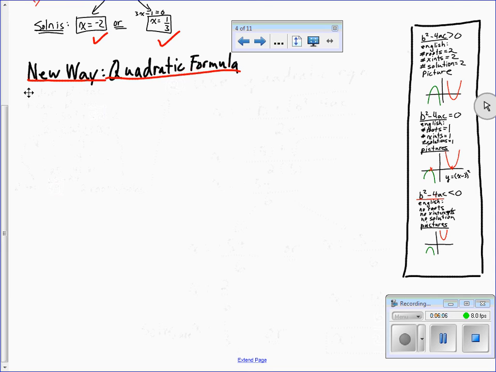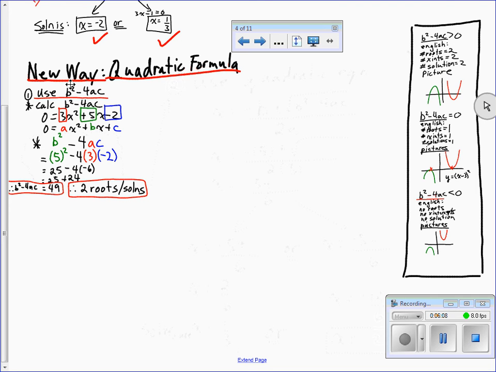So the first thing that we're going to do is start by using b squared minus 4ac, and we calculate what the result is. Now you'll notice how I wrote the basic equation: 0 is equal to 3x squared plus 5x plus minus 2. And I basically related it to that old equation, 0 is equal to ax squared plus bx plus c. So we know what our a value, our b value, and our c value is. We're going to substitute that into our equation.